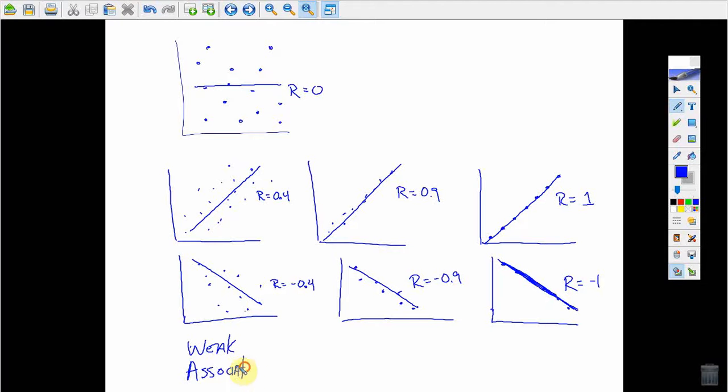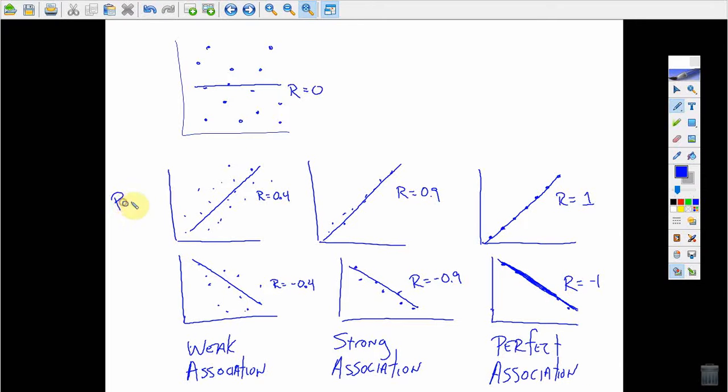This would be a strong association or correlation, and this would be a perfect association or correlation. This would be a positive on the top, and this would be negative on the bottom row.